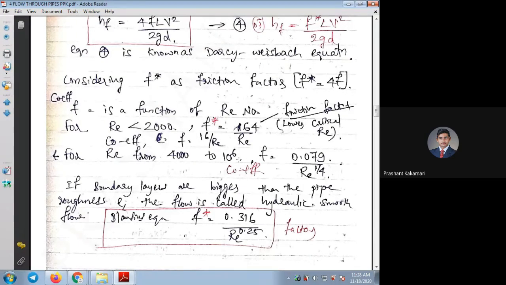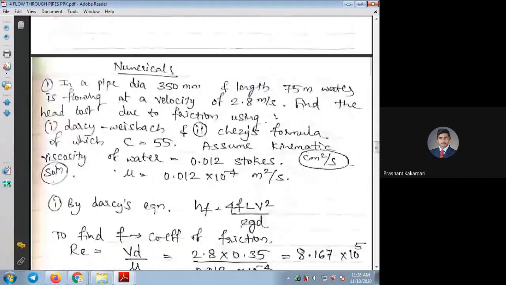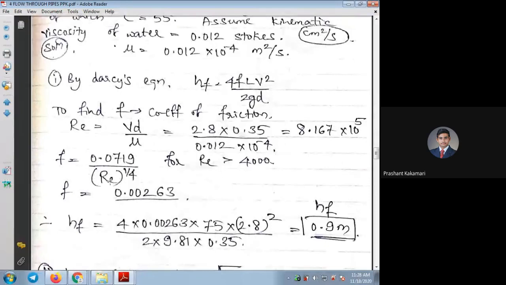So in this range, I can use 0.079 by Re raised to 1 by 4 for finding the coefficient of friction. In other cases, if they mention any boundary layer or some roughness and other things, then you can go for Gauckler's equation. So keeping that in mind, I'm using 0.079 divided by Re raised to 1 by 4.